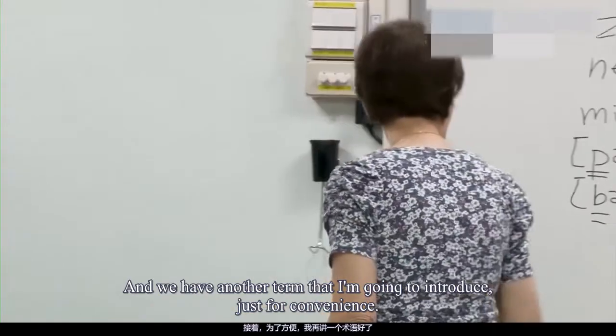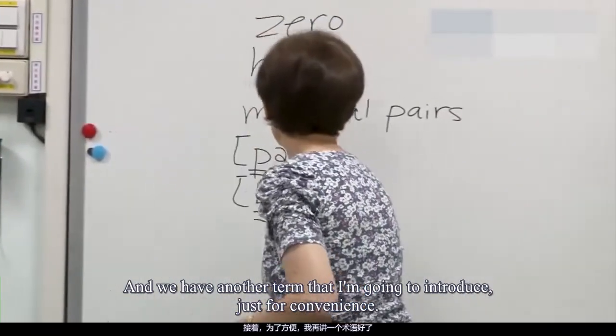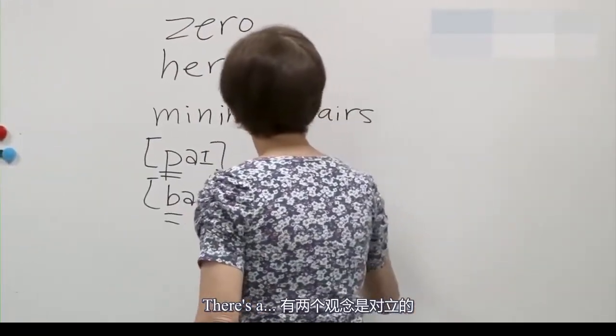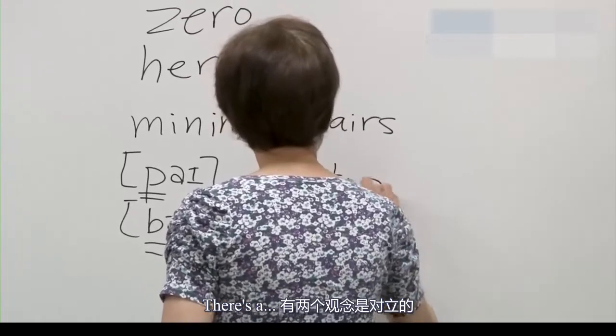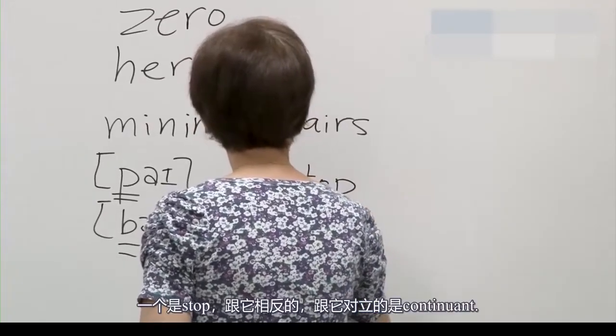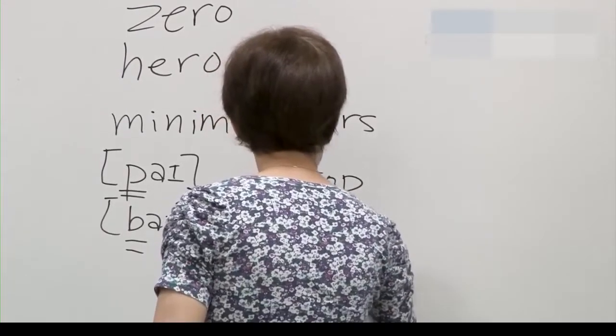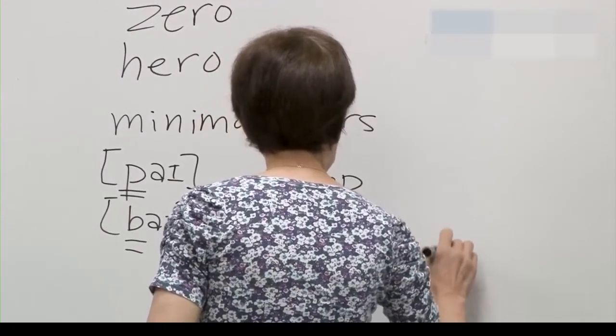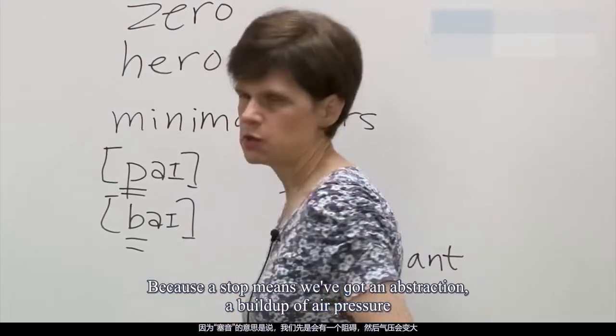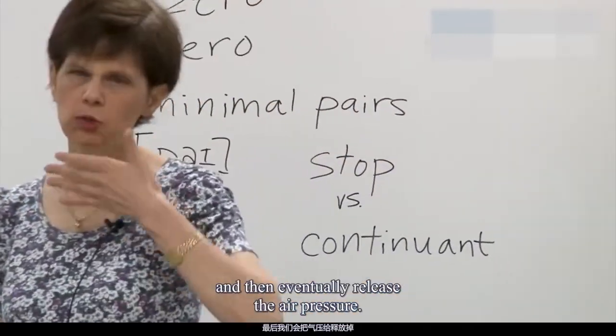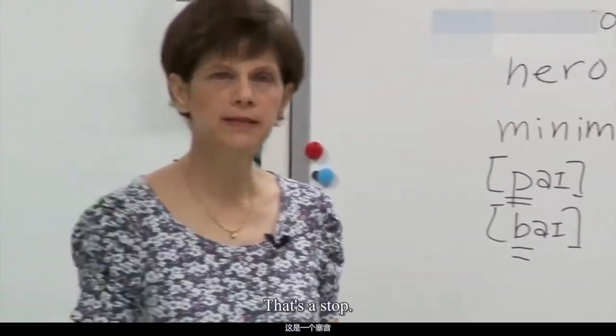we have another term that I'm going to introduce just for convenience. 有两个观念是对立的，一个是 stop，跟它相反的，跟它对立的是 continuant. Because a stop means we've got an obstruction, a buildup of air pressure, and then eventually release of the air pressure. That's a stop.